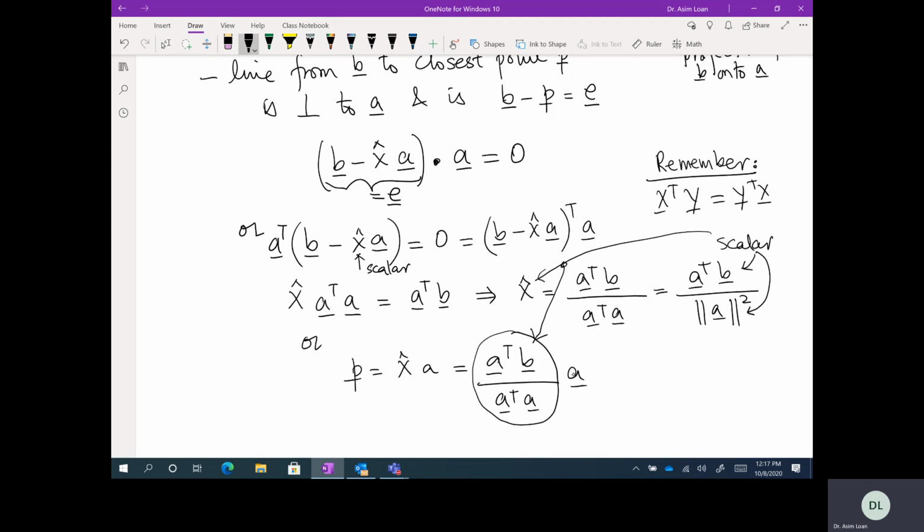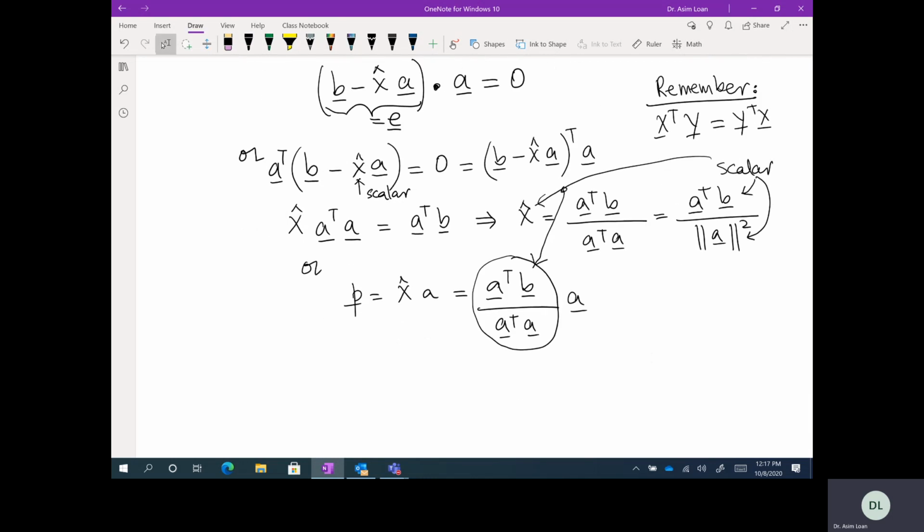In a little while, I'm going to write it this side to see what happens. Or this is also equal to A A transpose over A transpose A, this is a scalar, and this B is then here. This, by the way, we'll call a projection matrix.